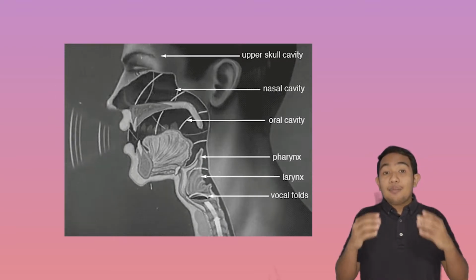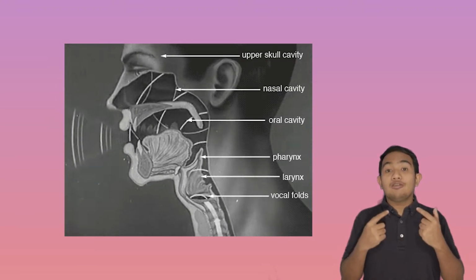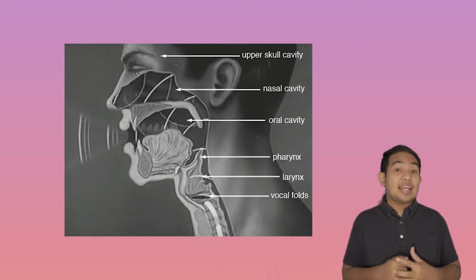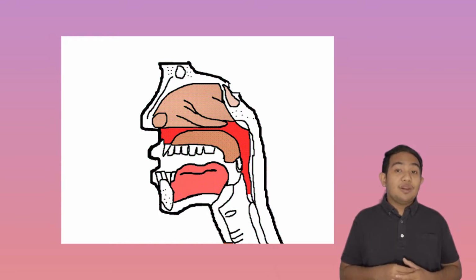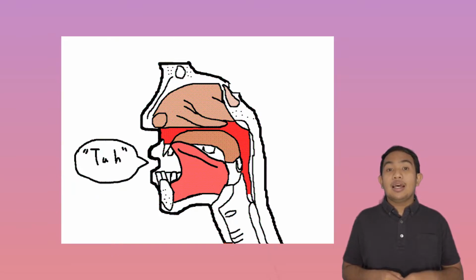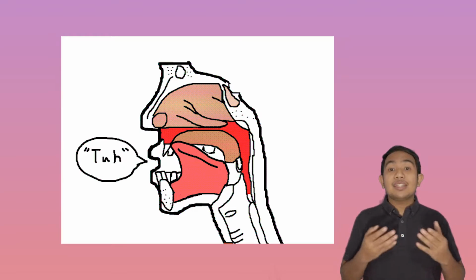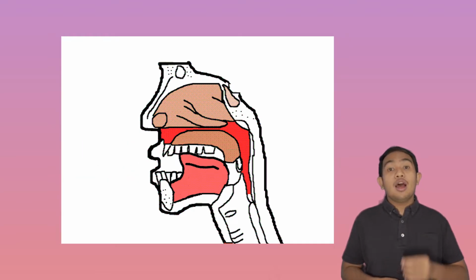This sound is then amplified and modified by vocal tract resonators such as the throat, mouth cavity, and nasal passages. Once the amplified sound waves reach your mouth, you then use your lips, teeth, and tongue to shape the sound into speech, or what we call articulation. Without these parts, or if one of these body parts were damaged, we won't be able to speak clearly, making communication difficult. That is why we need to take care of our body and voice.